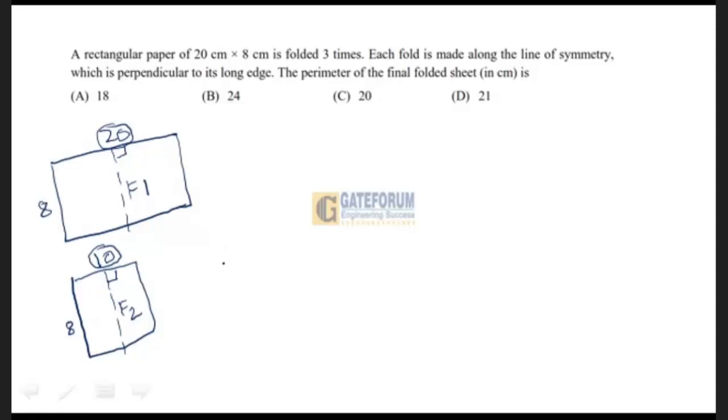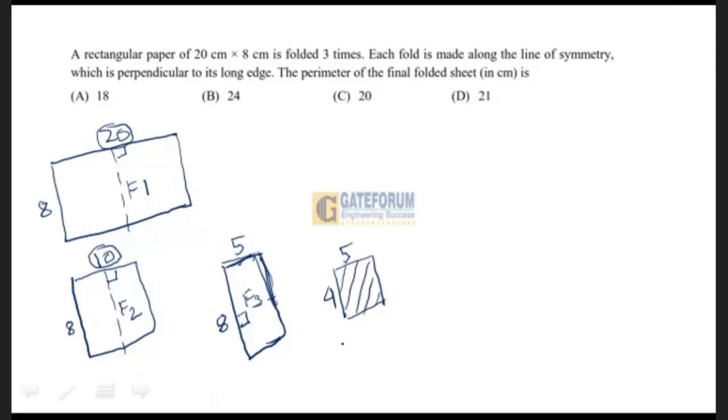And this would look somewhat like this, where this is 8 and now this is 5. So now the third one will be like this. This is F3, perpendicular to the longer edge. So the result would be something like this, whose this is 5 but this is 4. So this is the final.